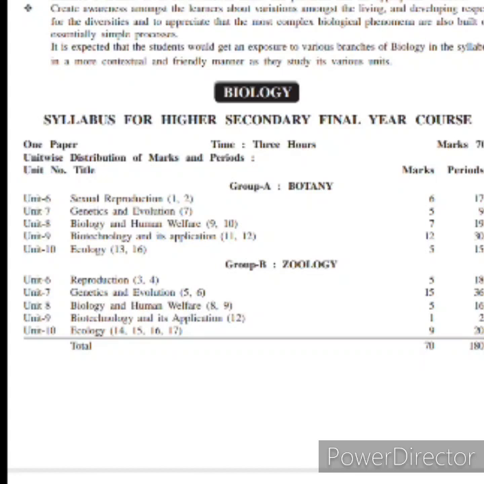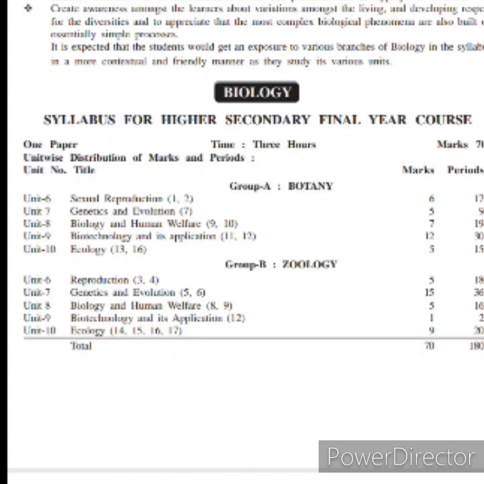Unit 7 has genetics and evolution, with chapter number 7 in botany and chapters 5 and 6 in zoology. Unit 8 is biology and human welfare, again with chapters 9 and 10 in botany and 8 and 9 in zoology. Unit 9 has biotechnology and its applications, and unit 10 will carry ecology.